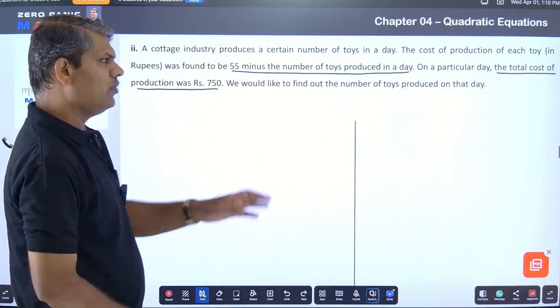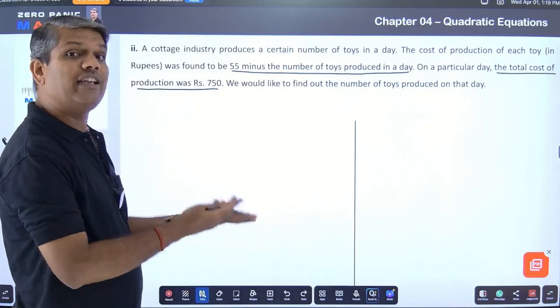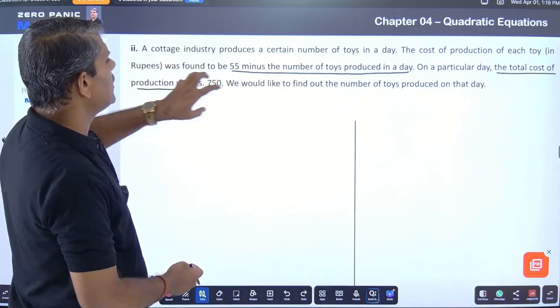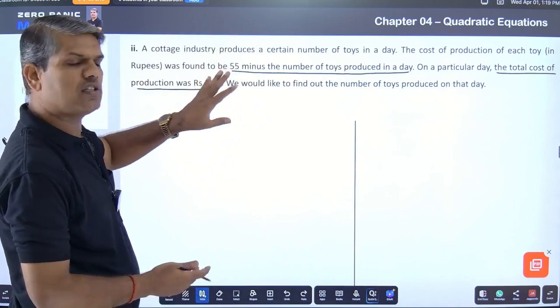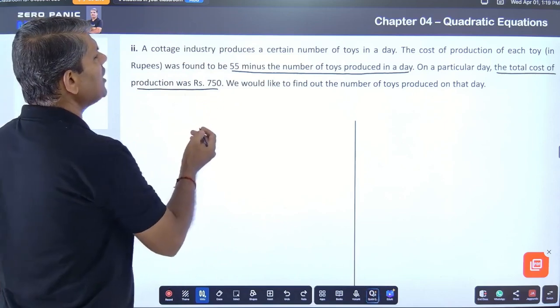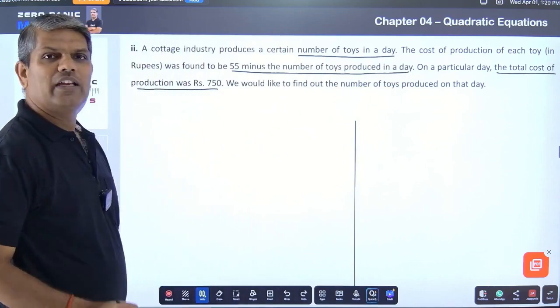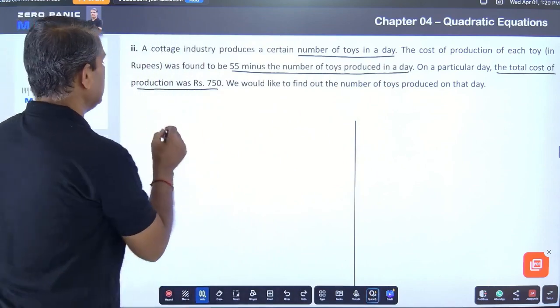Now we are not going to find the number of toys, that is, solving the equation, but we are depicting this situation as a quadratic equation. Let us start with the number of toys produced in a day.